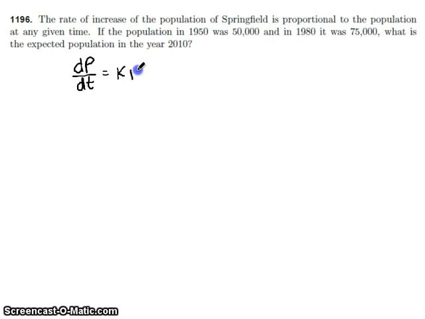So kP. Now this doesn't say dy/dt equals ky, but the P's and the y's can change, and we're basically looking at the same thing. So we know, based on our rule, that P is going to be equal to Ne to the kt power, before we even read anything else. P equals Ne to the kt power.